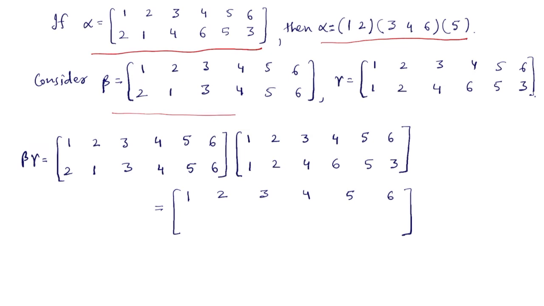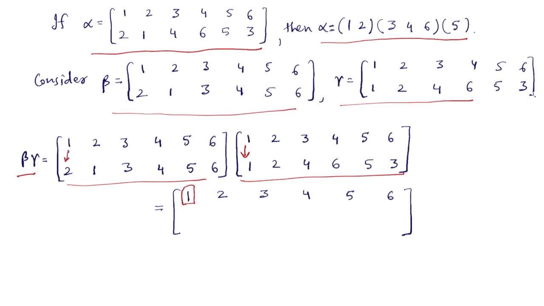One is beta and another one is gamma. Let us find out their product, beta gamma. So let us write beta and gamma side by side, and then let us see where this first element 1 goes under beta gamma. Under gamma 1 goes to 1, and then applying beta on 1 we see that 1 goes to 2.